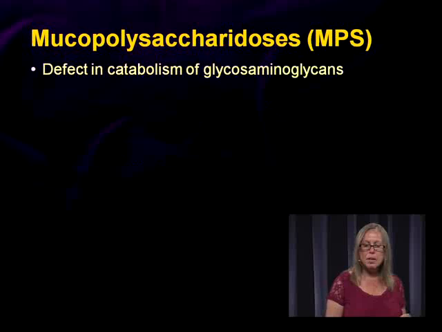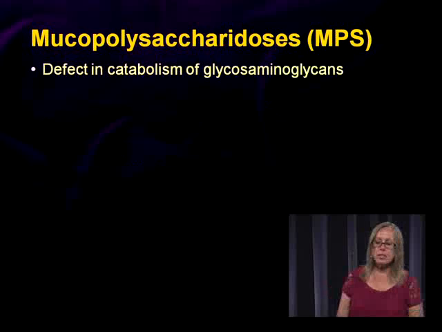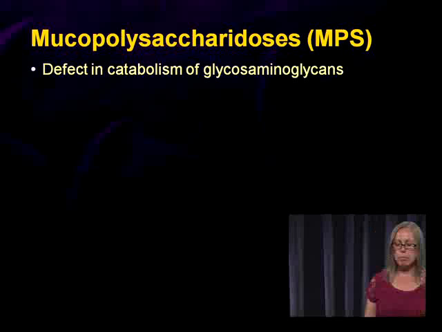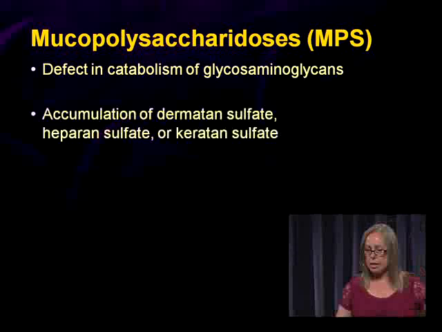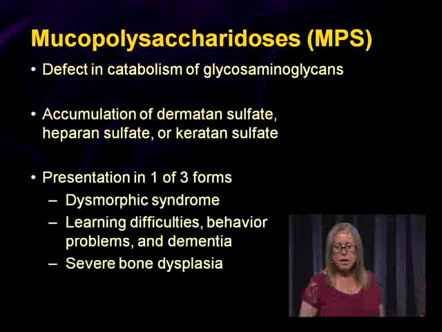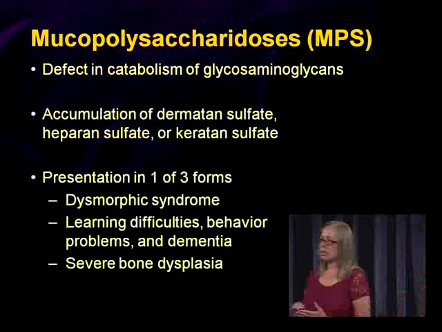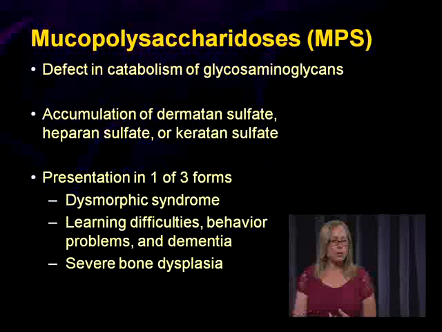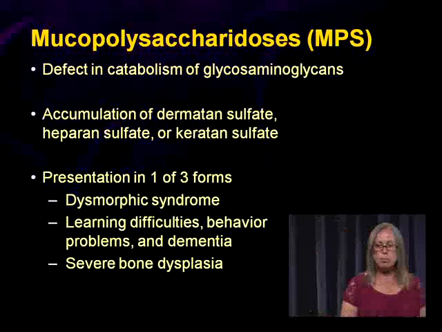The MPSs, or mucopolysaccharidoses, are defects in catabolism of glycosaminoglycans, and they have accumulation of dermatan, heparan, and keratan sulfates. Three different forms can be seen: a dysmorphic syndrome, learning difficulties, behavior problems, and dementia, and then a severe bone dysplasia.